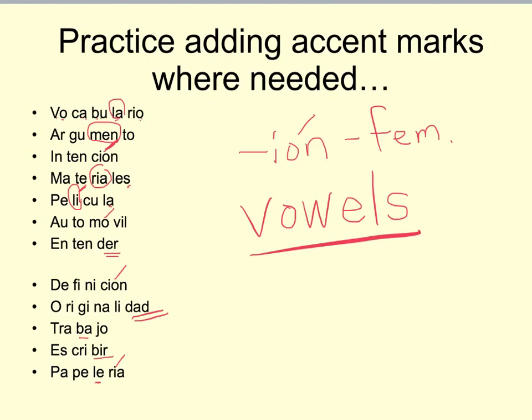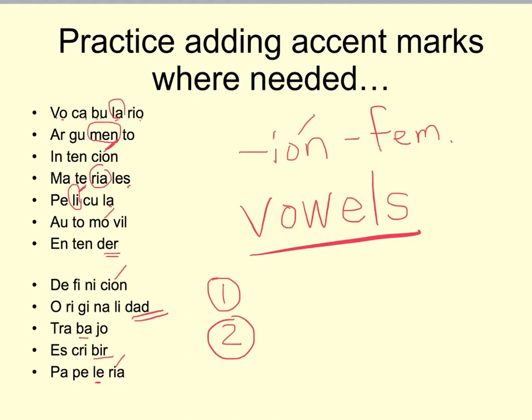Okay? So I hope that helps with thinking about why we have accent marks on words. Watch it again if that will make it more clear for you. But in summary, there are really just two basic rules for pronouncing words in Spanish. Those two basic rules are going to tell me if I'm pronouncing correctly whether I don't need an accent mark or I do.